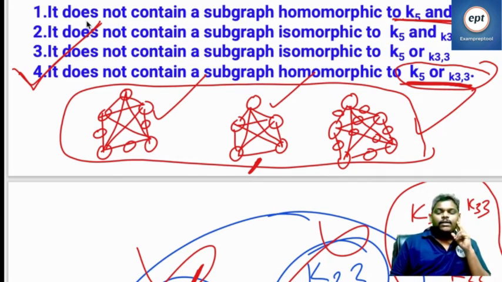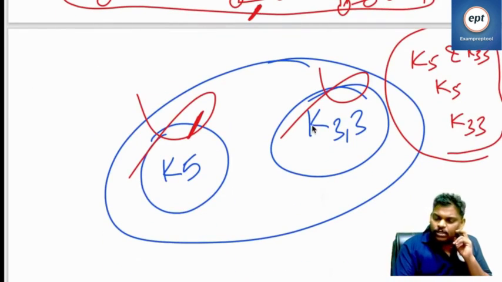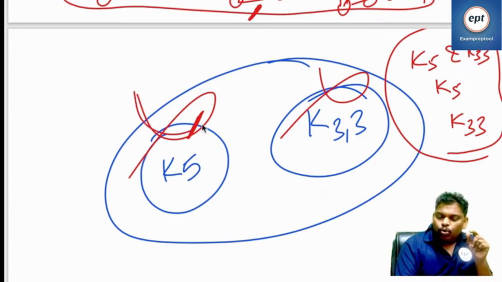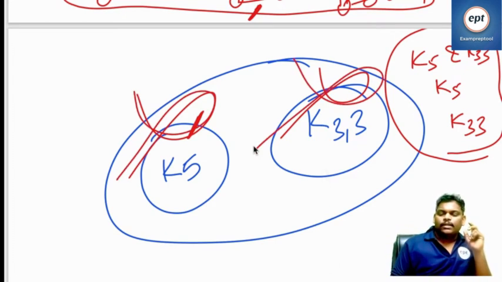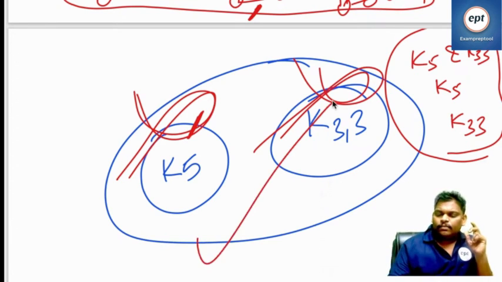The second is which does not contain K5 or K33. According to the first option, if both are not there, then only it is planar.